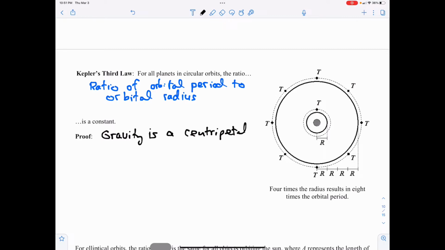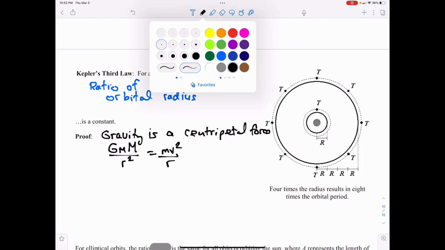Now, I'm going to rewrite this with our equations. So our gravitational equation would be G M m over r squared, that's our Newton's law of universal gravitation formula, equals m v squared over r, where little m is the orbiting body and big M is the bigger object that's being orbited, in this case a star. m v squared over r is our centripetal force. Well, a couple things are going to happen.